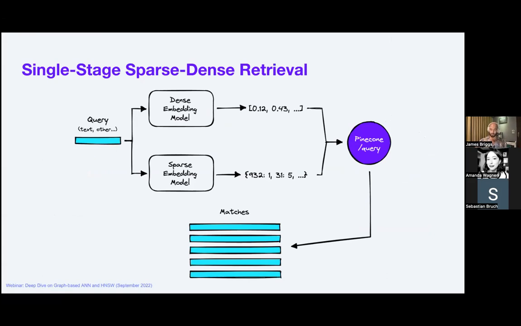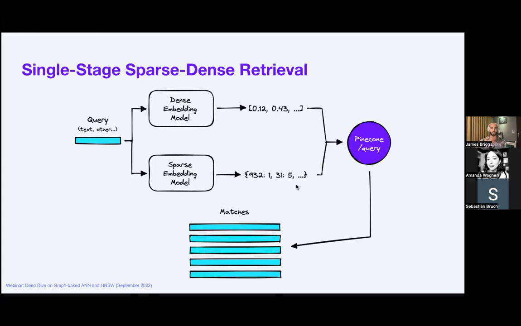What Pinecone is doing is we have what we call a single stage sparse-dense retrieval index or retrieval system. So imagine you have your query, right? It can be text, it can be images, it can be both. It could be text and images, and we'll see an example of that pretty soon. You would take them into a dense embedding model, and also into a sparse embedding model.